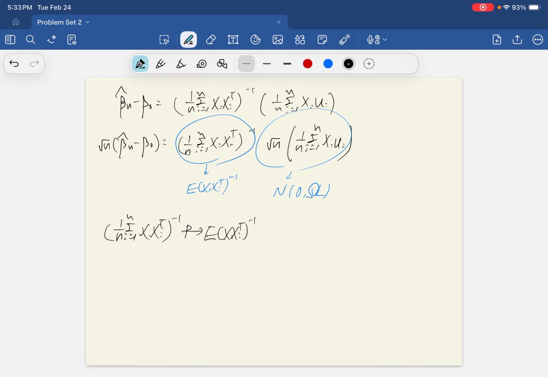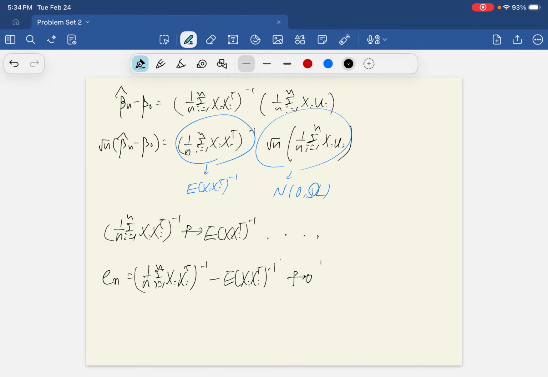Then this means I will define an error term as the difference, right? Then we know it goes to 0. That is, these two statements are equivalent.